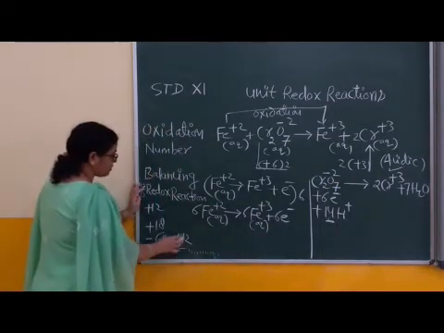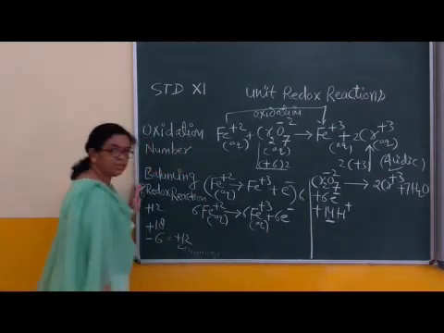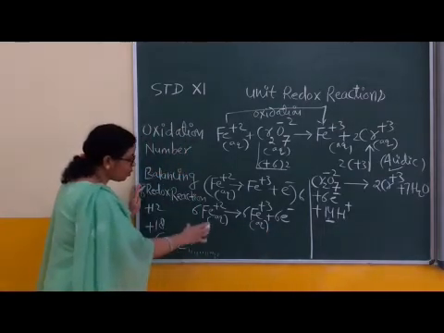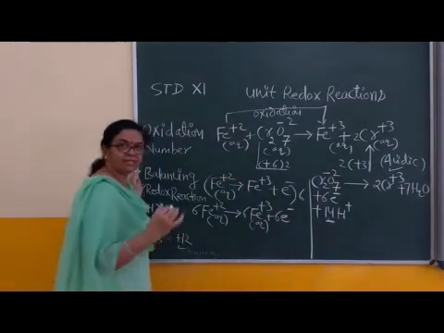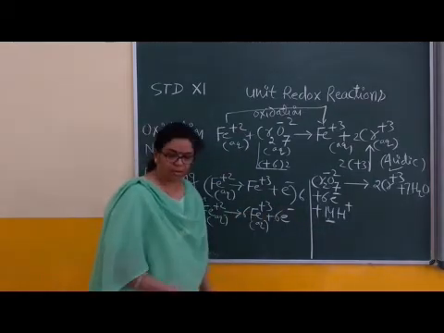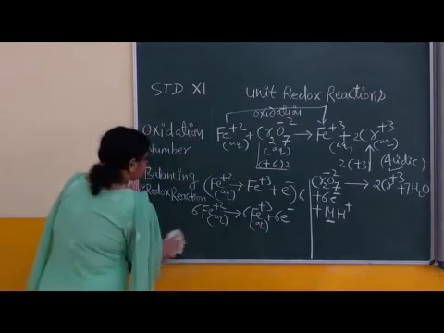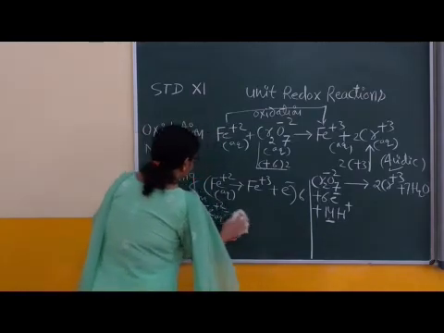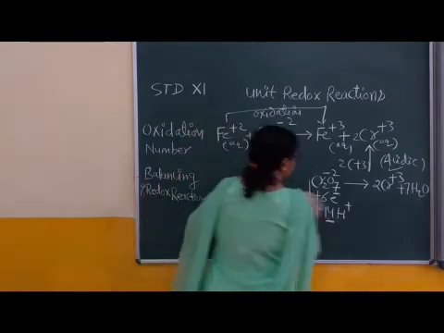Total charge is balanced, plus 12 on the left and plus 12 on the right. Last is the addition of the balanced oxidation half and reduction half. And what is the net balanced equation in acidic medium? The addition of the two half reactions.